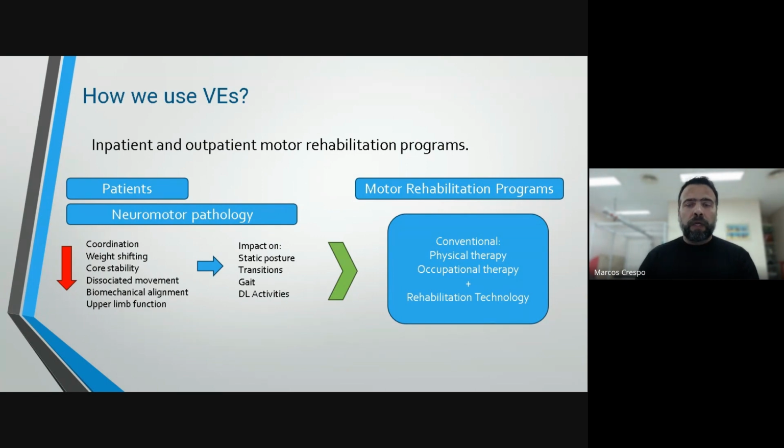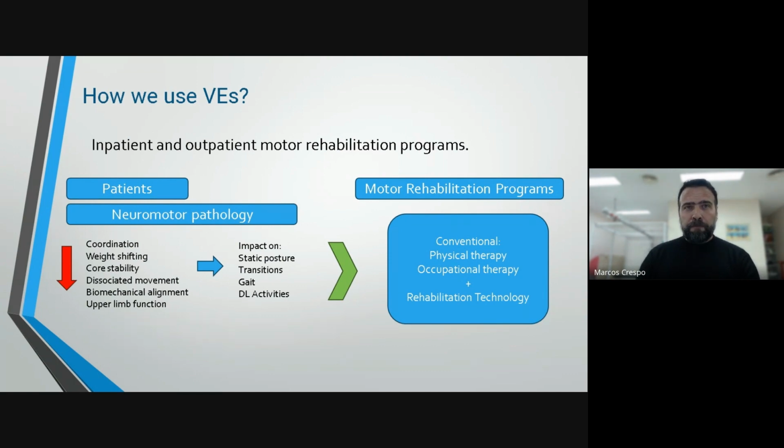So it's important to understand that we will work on these problems during our rehabilitation programs using technology, using virtual reality, but always as a complement of conventional physical therapy, occupational therapy, and of course speech therapy and cognitive therapies in the whole rehabilitation process of our patients.